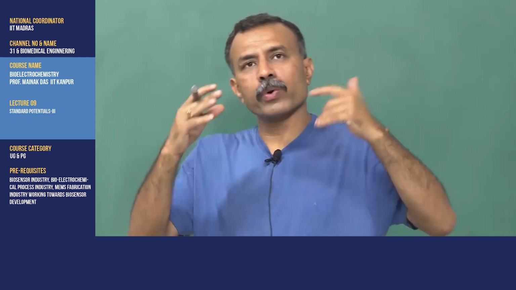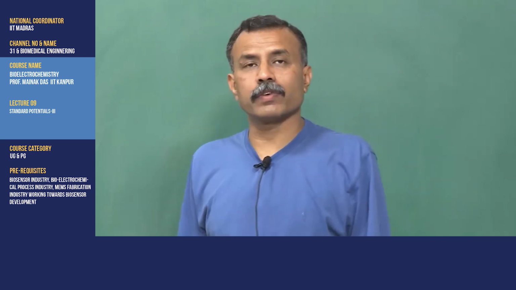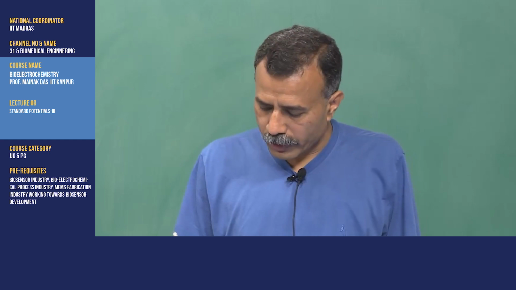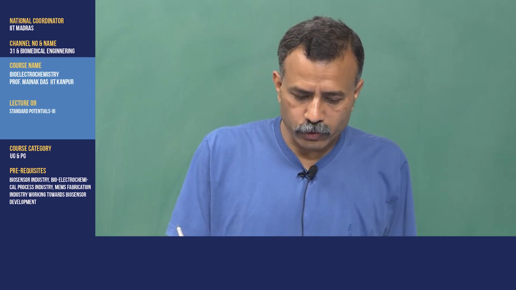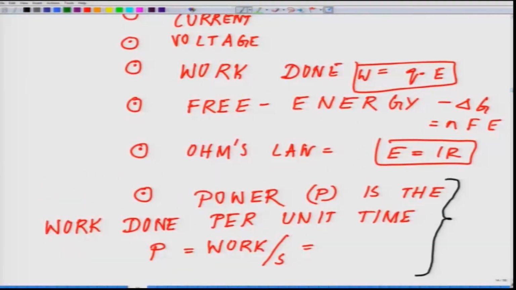So you are realizing how we correlate all these things with the very first classes, in the first week, when I told you about all the different formulae. If I just go back, you remember where we talked about work done and all those basic parameters. Here it is, work done, you remember?